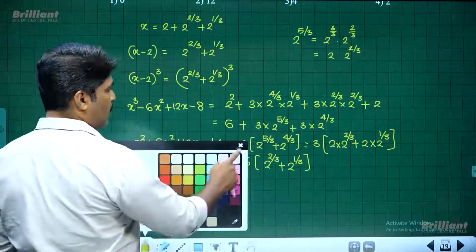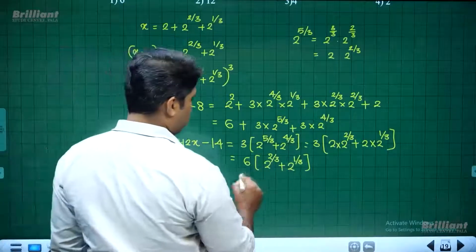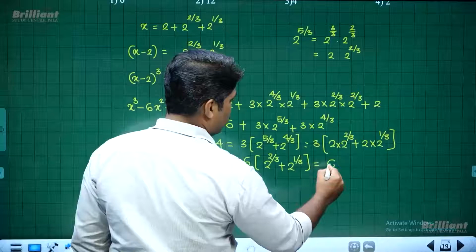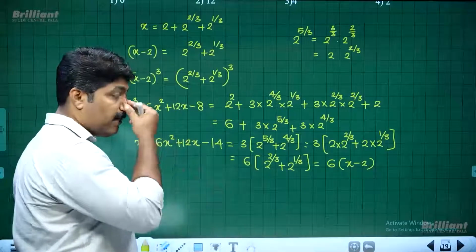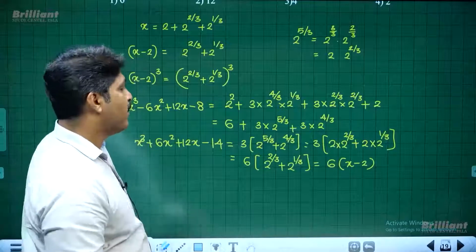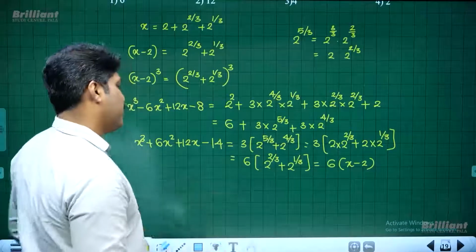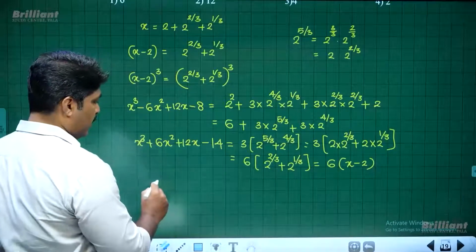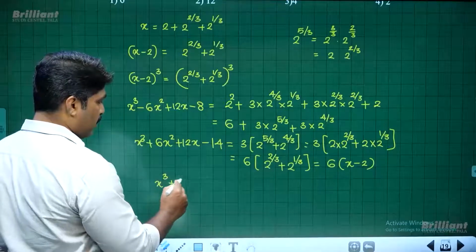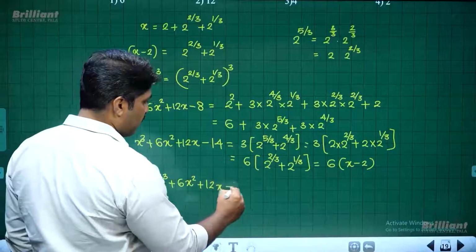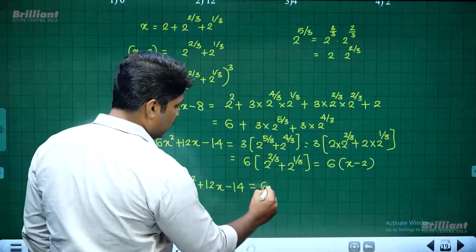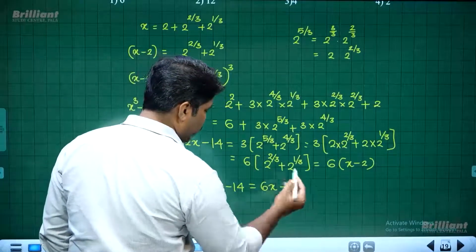Here this is equal to 6 into x minus 2, because 2 raised to 2 by 3 plus 2 raised to 1 by 3 is equal to x minus 2. Just expand this one. On the left side, this is x cube plus 6x square plus 12x minus 14. On the right side, that is 6x minus 12.